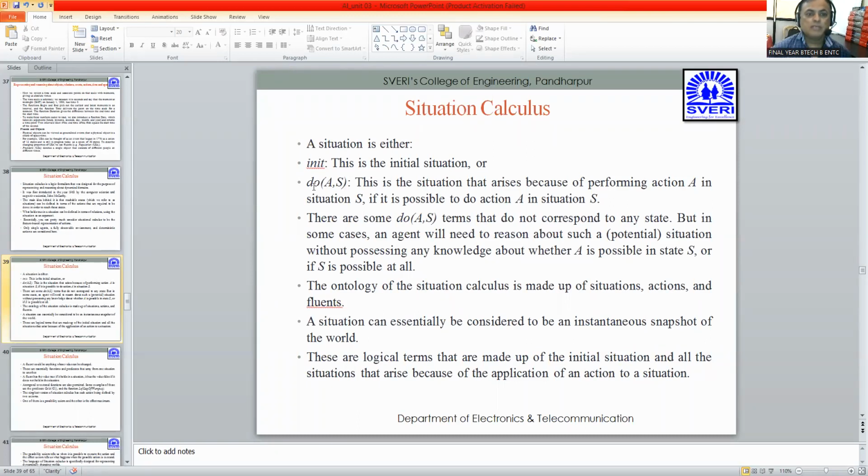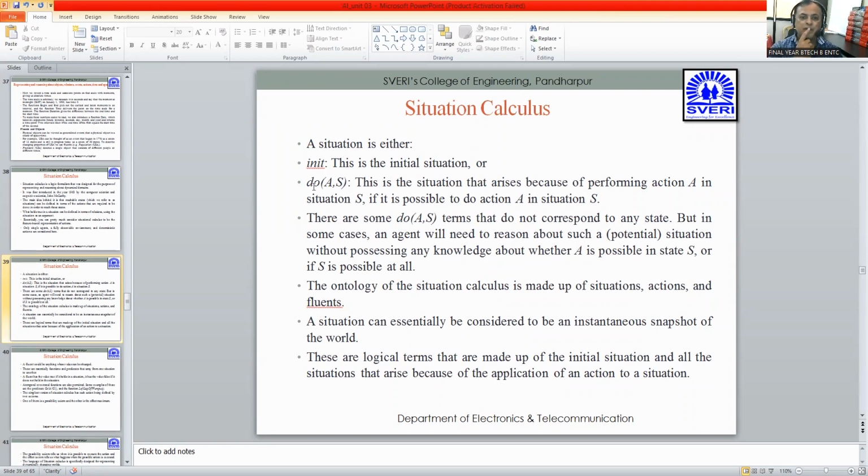Obviously, when I say that some action A has been happening in situation S, in every situation this will happen, it is not true. In some situations it may happen, like an agent will need to give the reason whether A is possible in state S or if S is possible at all.